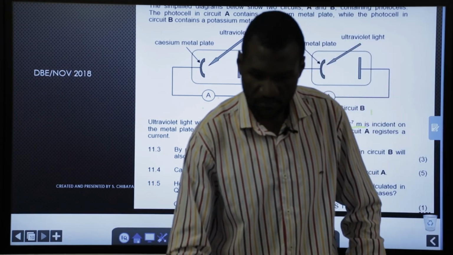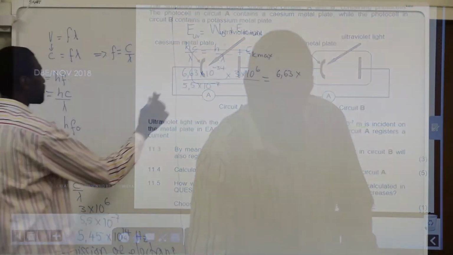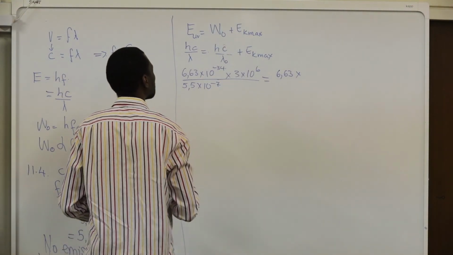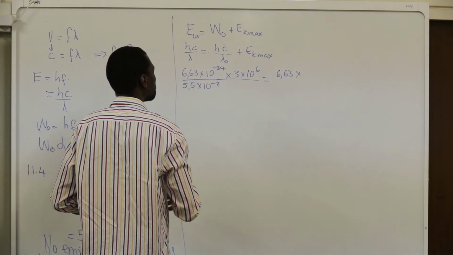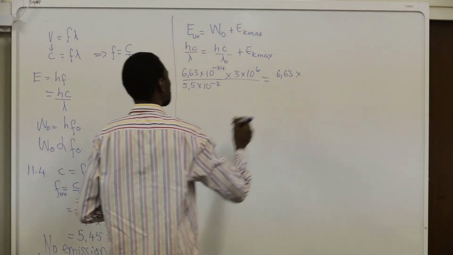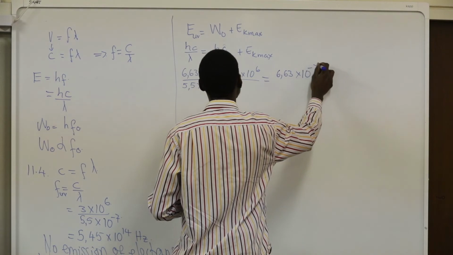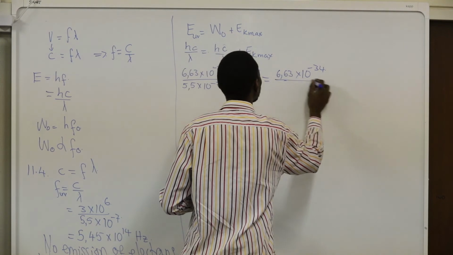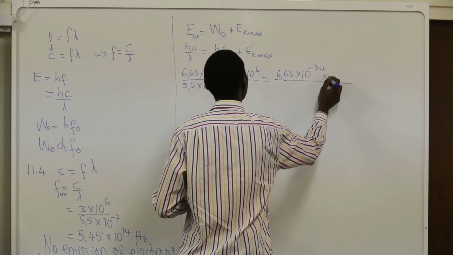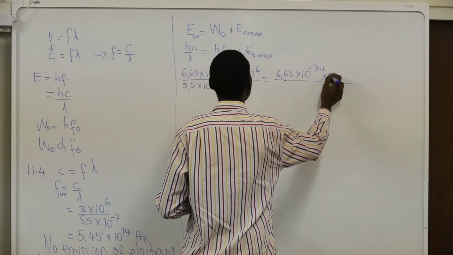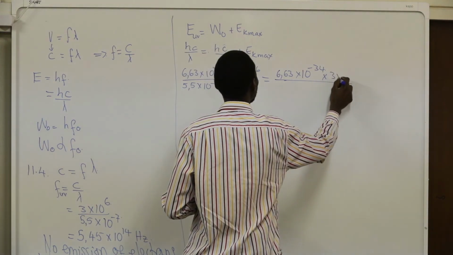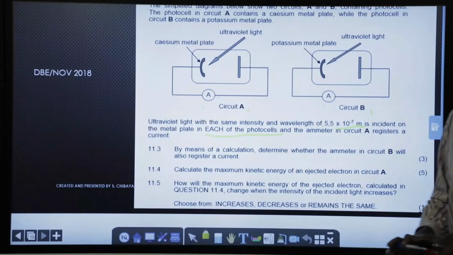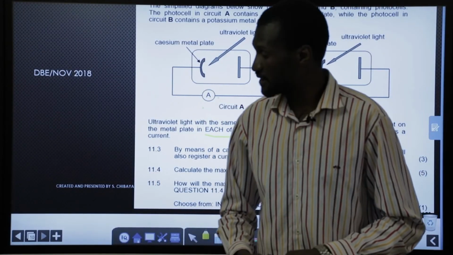Okay, so the frequency threshold, where we've got c times lambda 0, all right? So times 10 to the power of negative 34, okay? Multiplied by 3 times 10 to the power of 6 divided by the value of lambda 0.